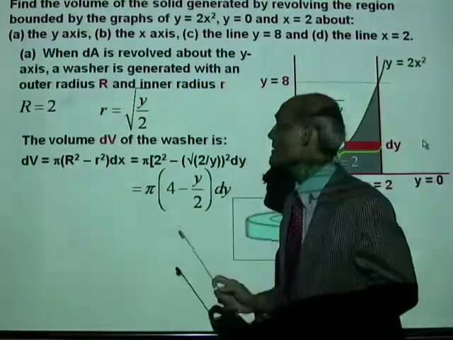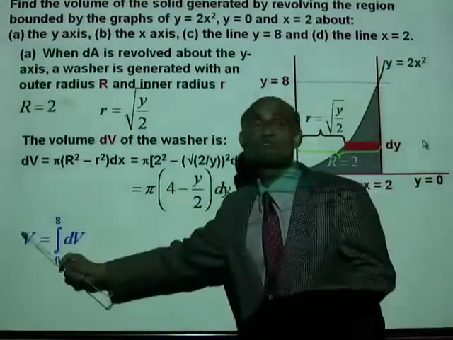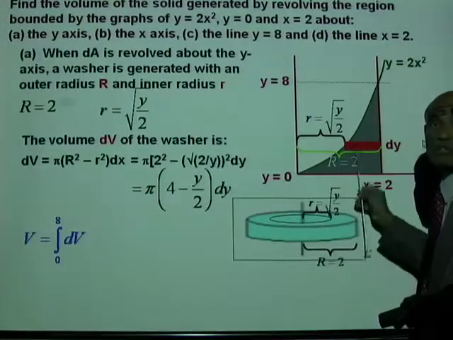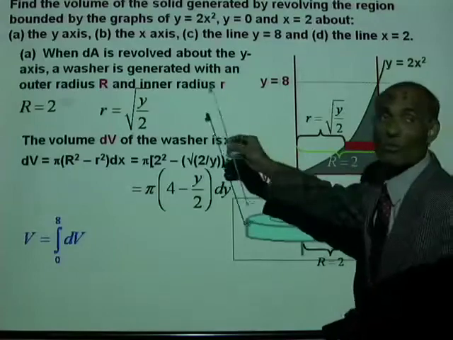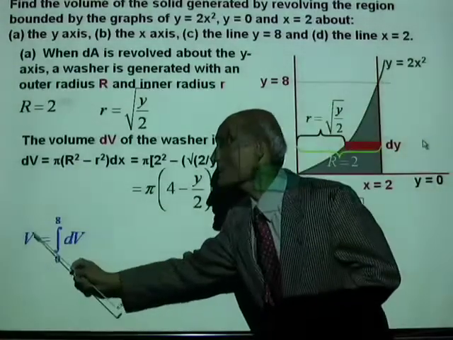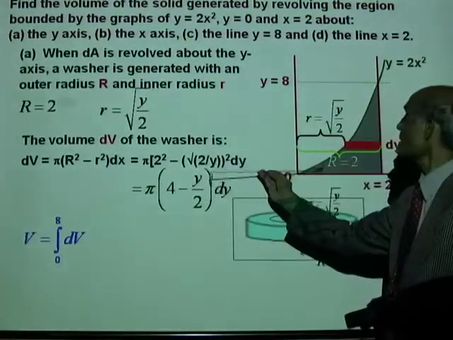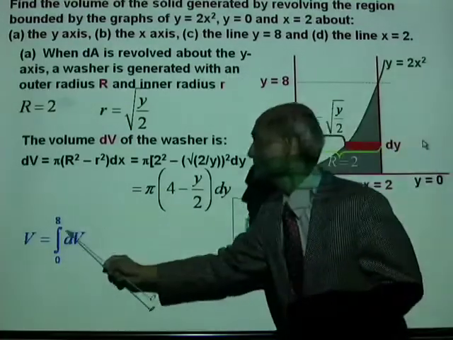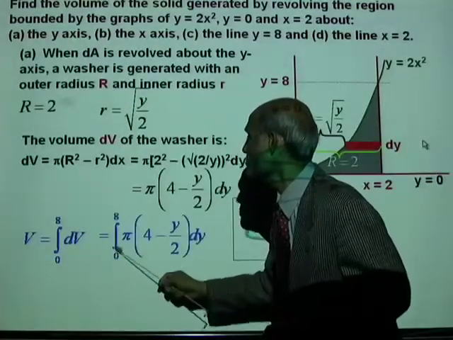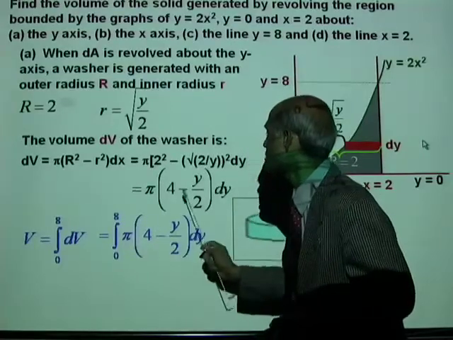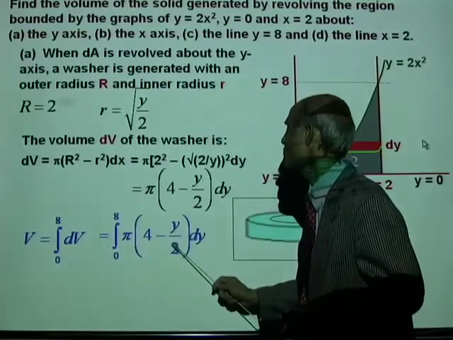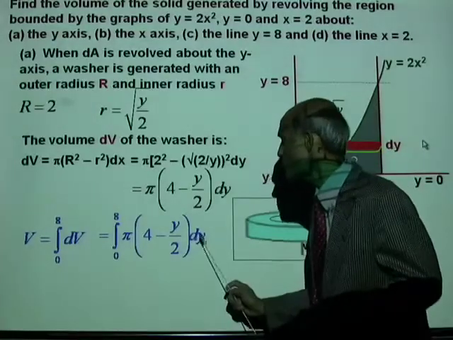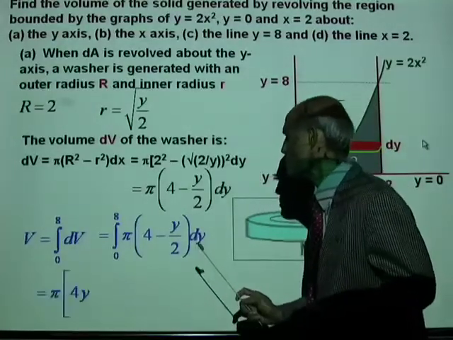This is our dV. And in order to find the total volume obtained by revolving this whole area about the y-axis, we integrate dV from y equal to 0 to y equal to 8. And therefore that will be integral 0 to 8 pi times 4 minus y over 2 dy. Pi of course will come out and you can integrate this quantity now.